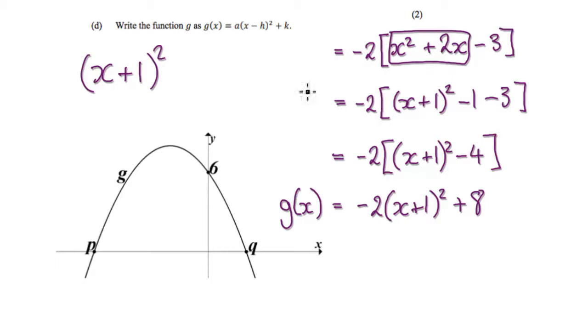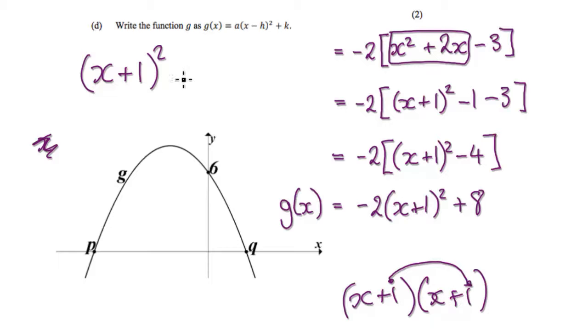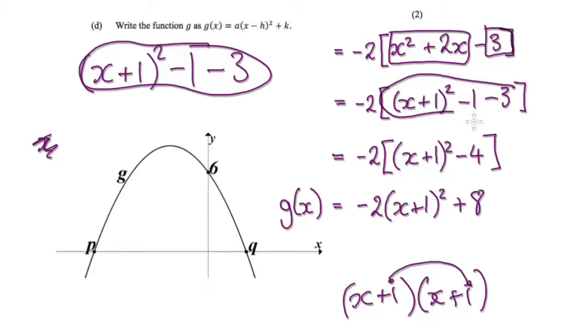And then you've got to take away the rubbish. Remember, the rubbish will be this, x plus 1 squared is really this thing here. The rubbish will be 1 times 1. So you immediately take away the rubbish, and then you carry the -3 down. So this thing here would then give you this.